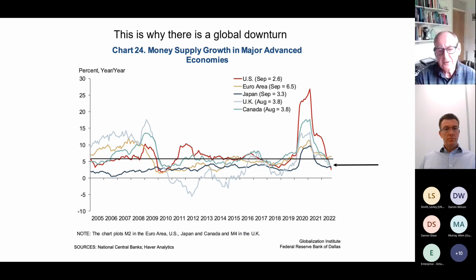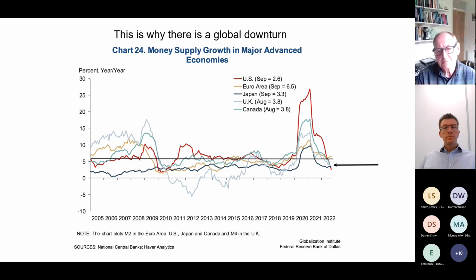And you'll see from 2019, those great big peaks in money. That money is still somewhere in the global system. Its purchasing power is being reduced by inflation, but it's out there. And that's a very important point.